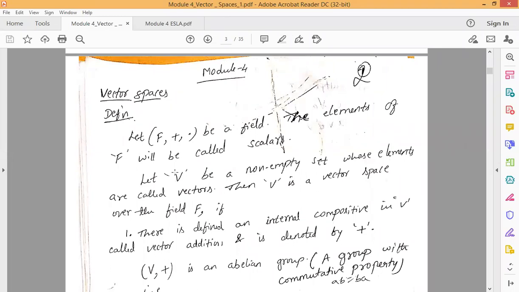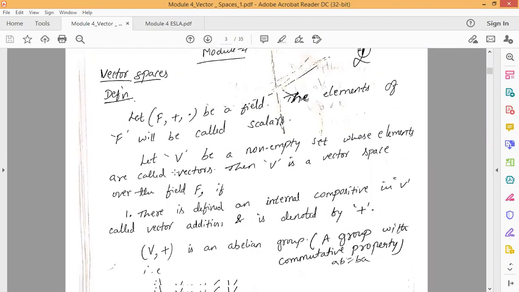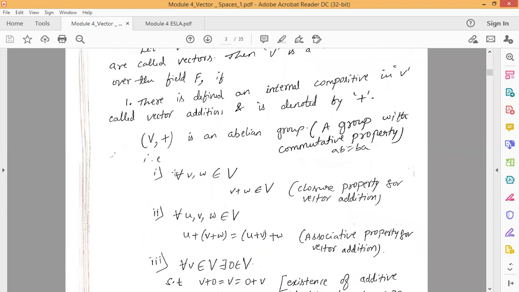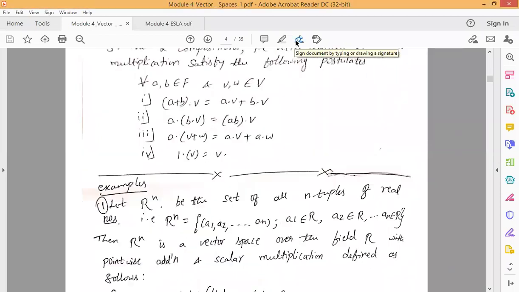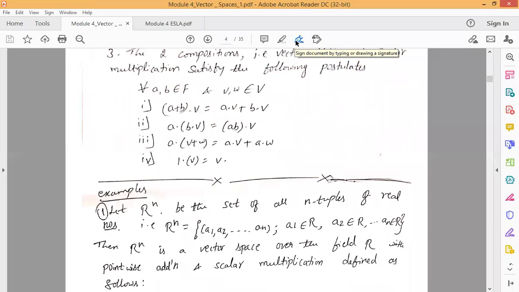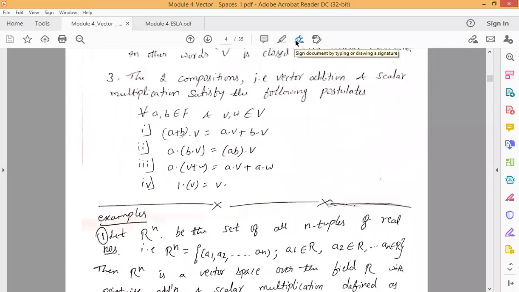Having this, it has to satisfy some properties. One is the internal composition in V, which is called the vector addition, and the second one is the scalar multiplication. Having the two compositions, vector addition and scalar multiplication, it has to satisfy some of the postulates.